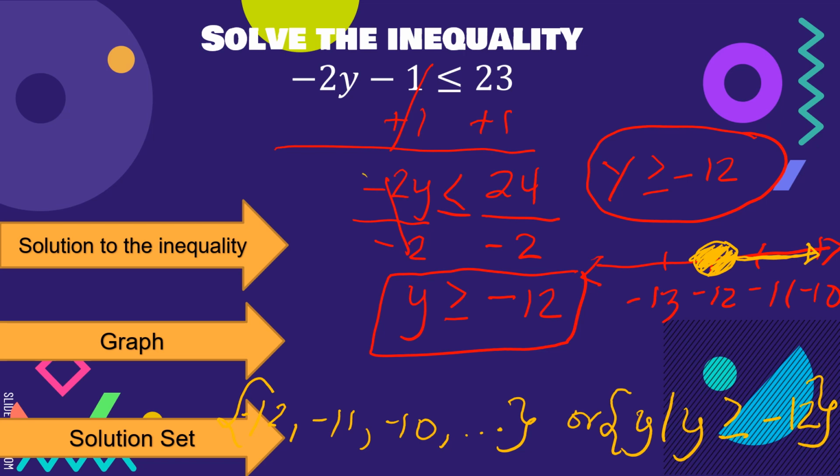Let me reiterate. If we are going to divide the inequality by a negative number, we have to change the orientation of our inequality, just like this. From less than or equal to, we change the orientation to greater than or equal to, because we are dividing the inequality by a negative number.